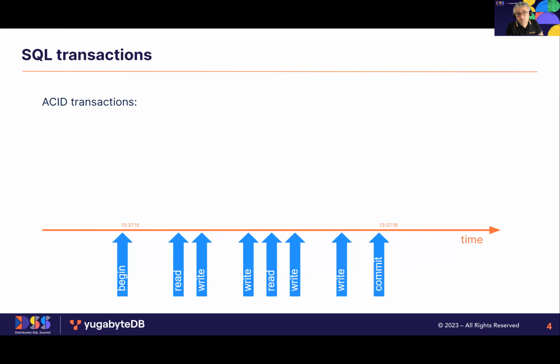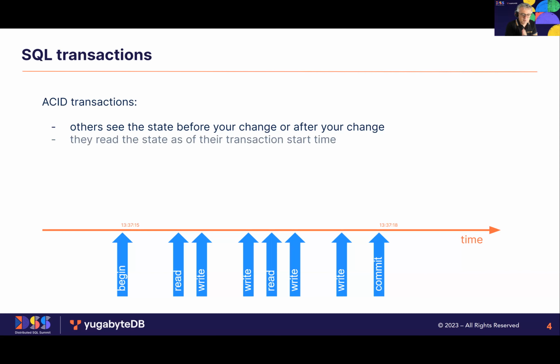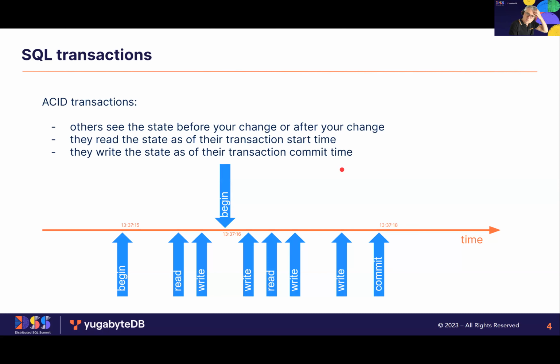And with ACID transactions in SQL, other sessions must read only the state before or the state after, but not the intermediate state while you are reading and writing. Basically, in most databases, they read as of the transaction start time, and they write as of the transaction commit time. I will explain why we have this difference.